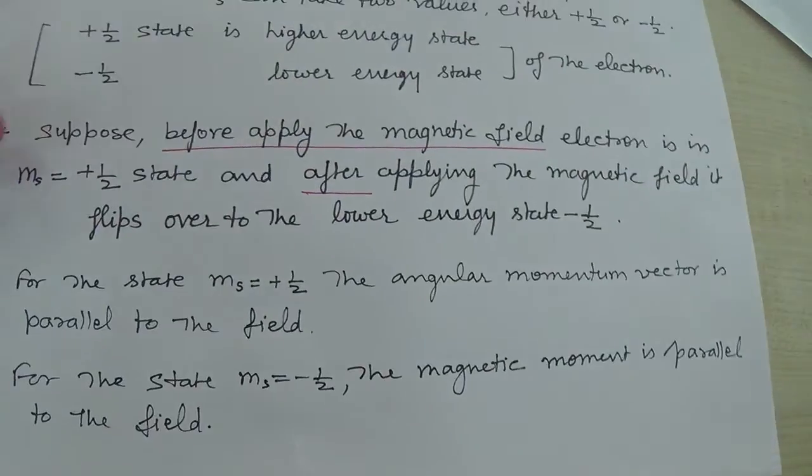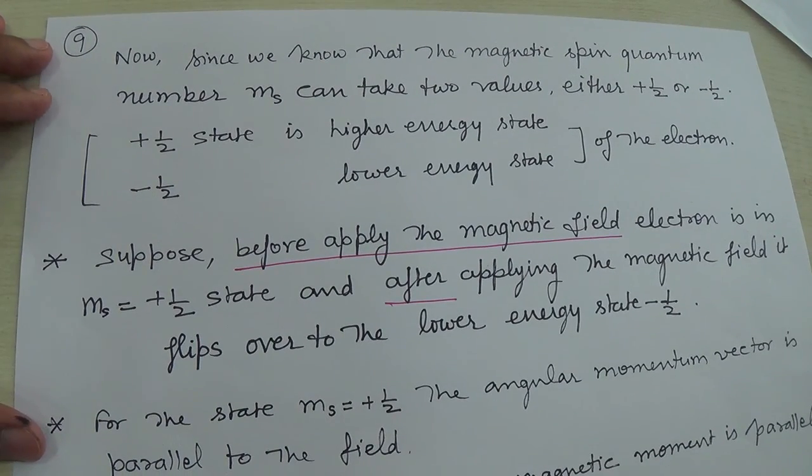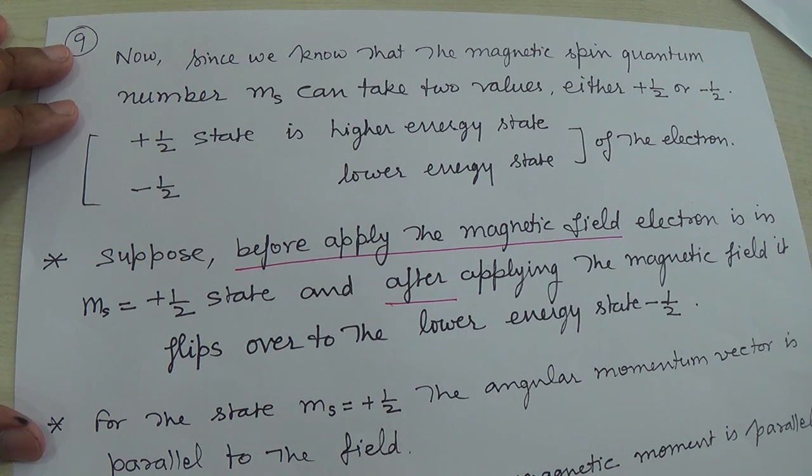And now further, since we know that the magnetic spin quantum number ms can take two values, either plus 1 by 2 or minus 1 by 2, right? So plus 1 by 2 represents the higher energy state of the electron, and minus 1 by 2 represents the lower energy state of the electron.